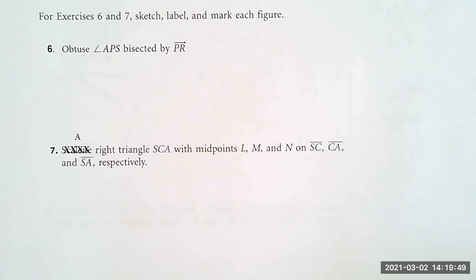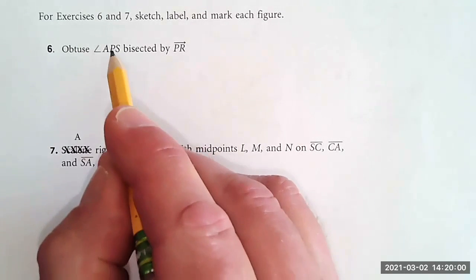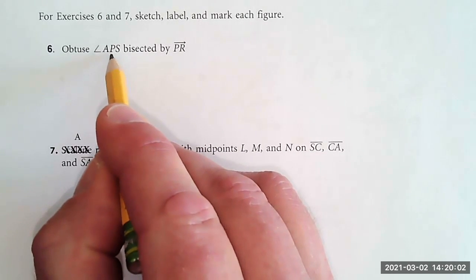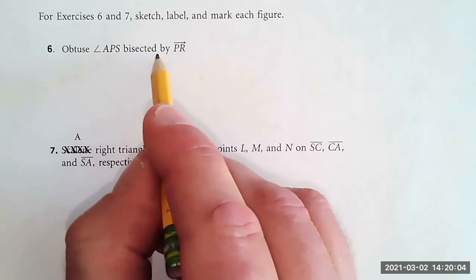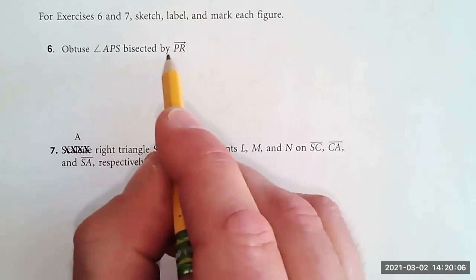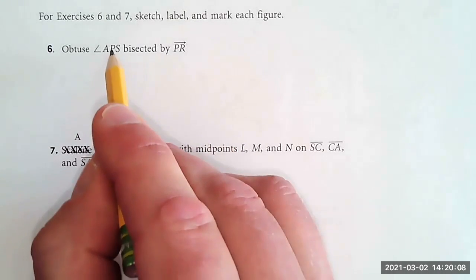Number 6 asks you to diagram or mark up a figure where angle APS is obtuse and it's bisected by ray PR. Remember that the vertex of an angle is the middle letter. Bisecting an angle means that you have a ray that starts from the vertex.